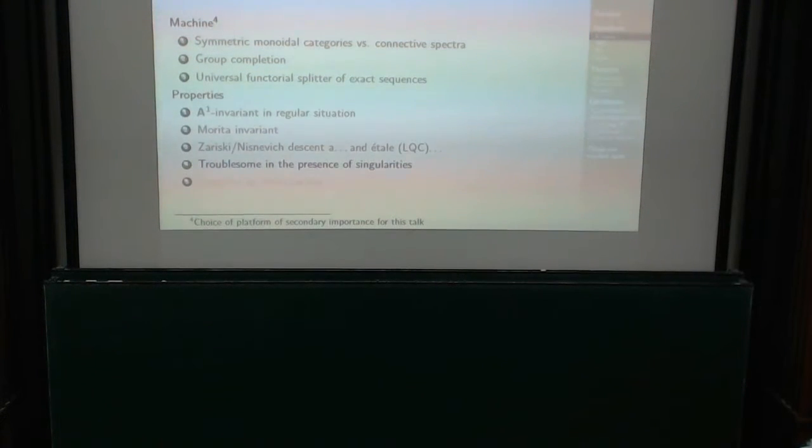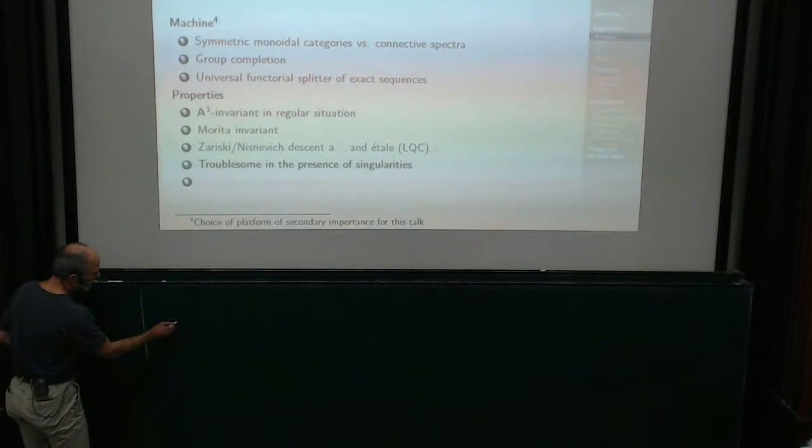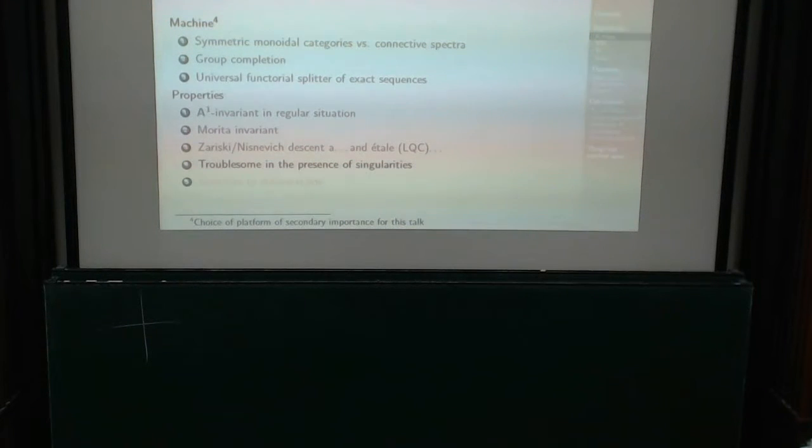If you have the affine line and you have the affine line and you glue them together in a point, K-theory will tell you no, you don't have A1-homotopy invariance for that situation. And I'm sorry to say that's just a fact of life. But that makes it very hard a priori to calculate when you have slightly singular situations. Smooth things, of course, are awfully hard, but at least there you have some structure to work with.